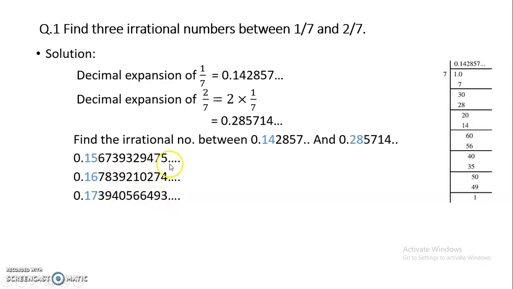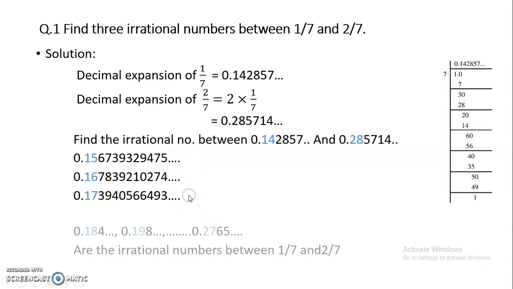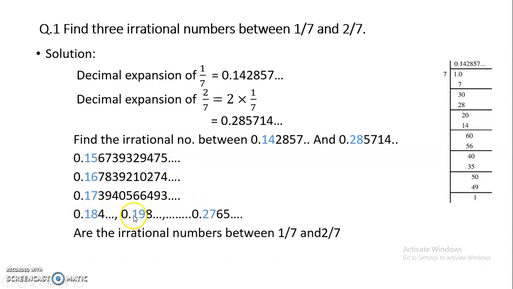And never forget to keep these dots behind. So 0.184, 0.198, 0.27, anything you can write, and all these numbers are irrational numbers and lie between 0.14 and 0.28. So these are the irrational numbers between 1 by 7 and 2 by 7, that was asked in the question. Understood?